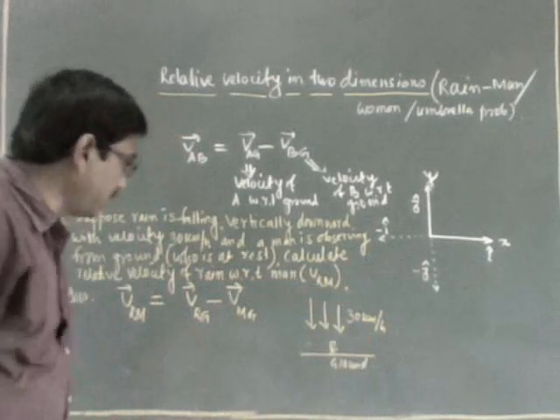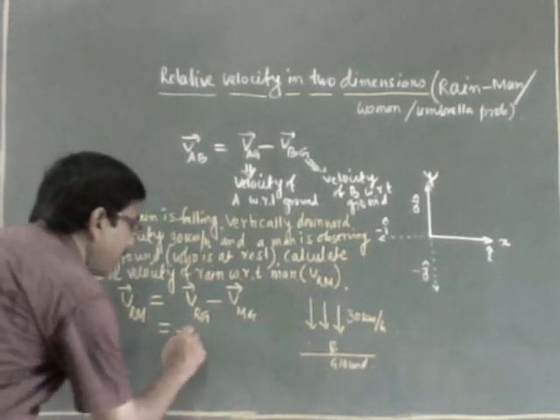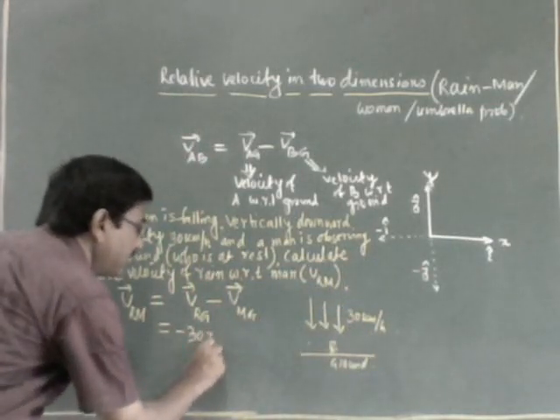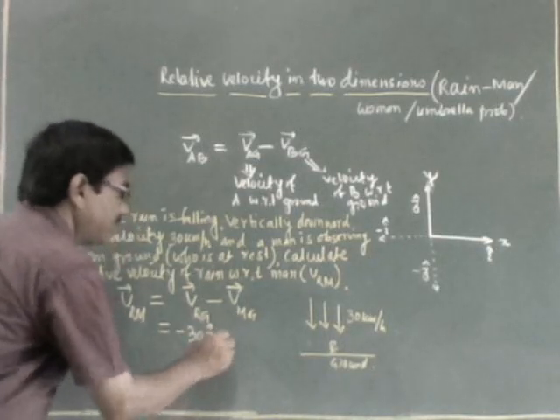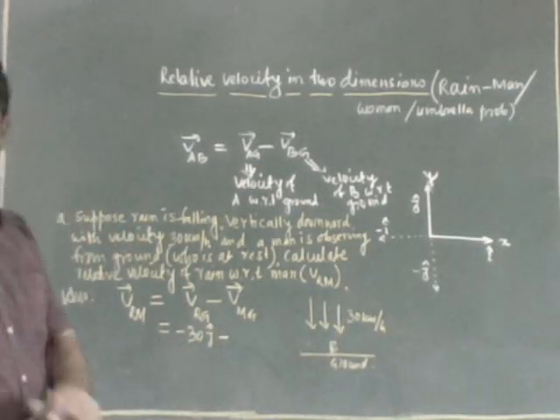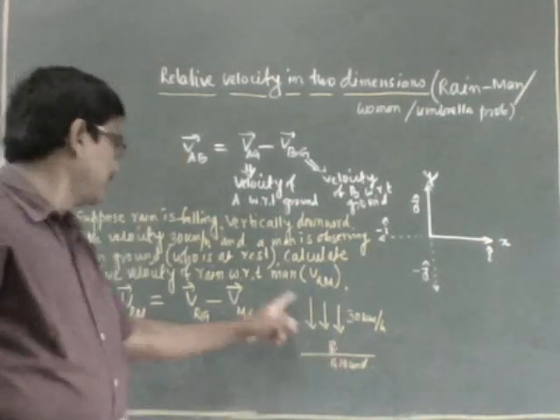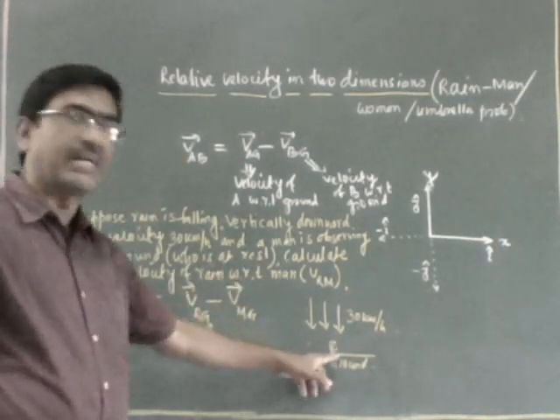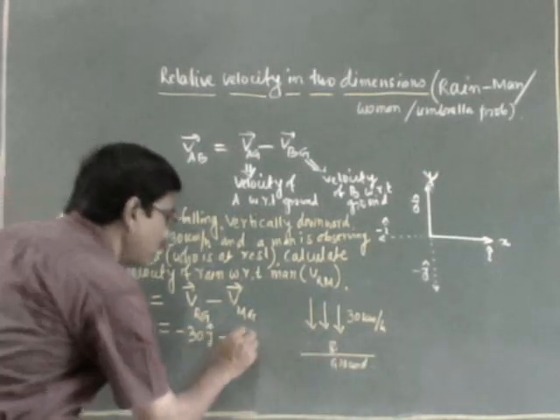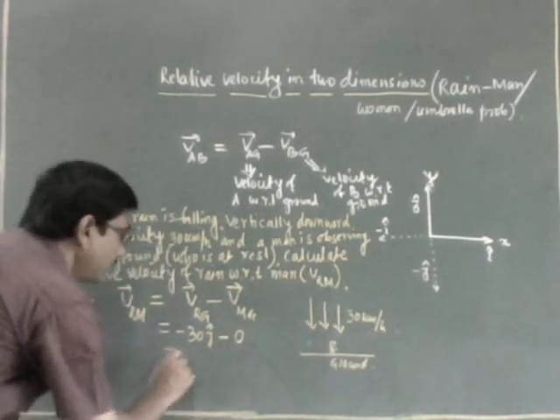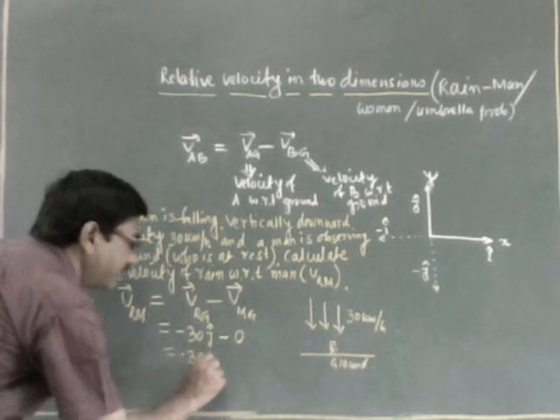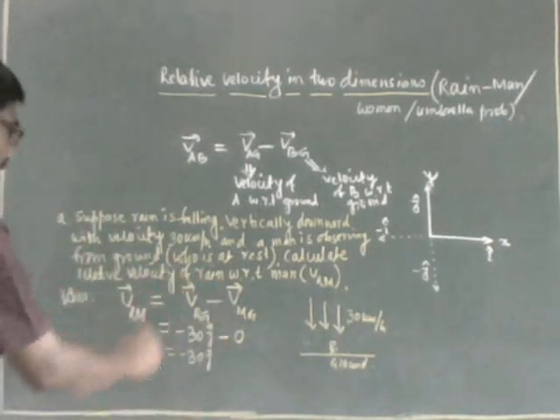Minus the velocity of man with respect to ground. The man is at rest, so this is 0. So this is equal to minus 30j. Then what will be VRM?